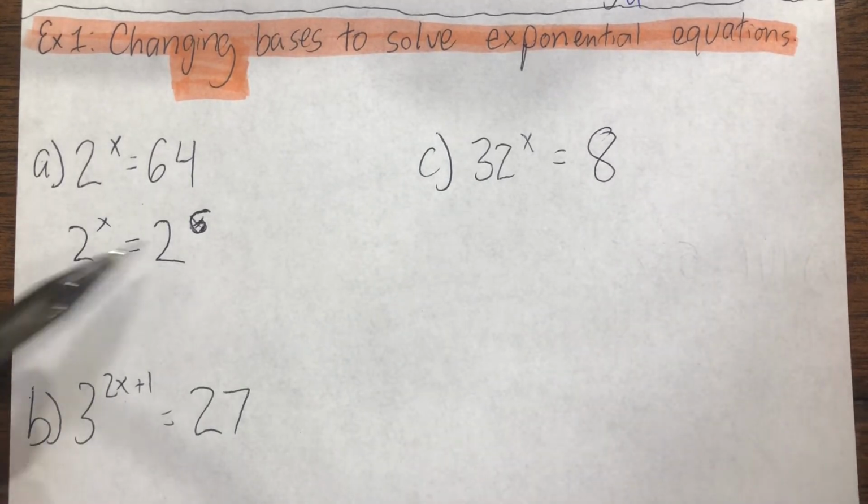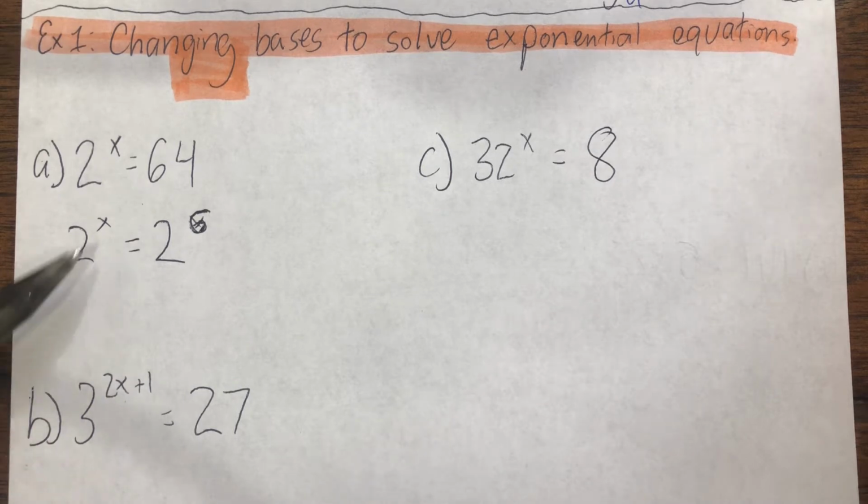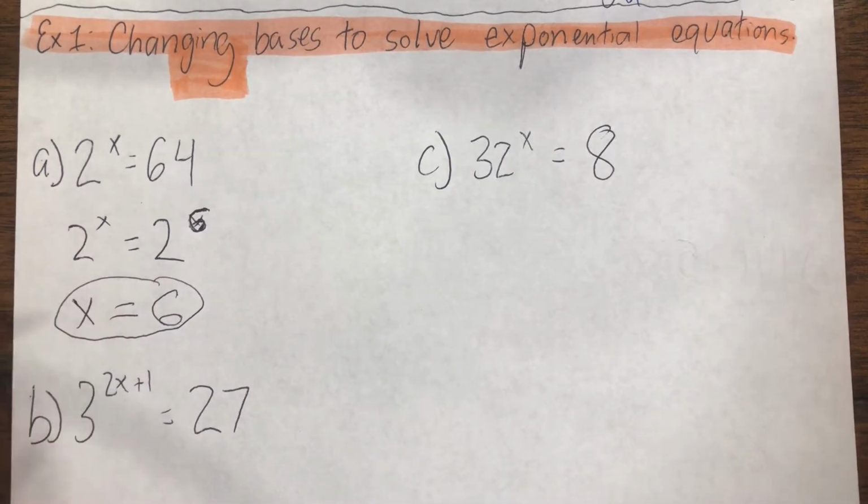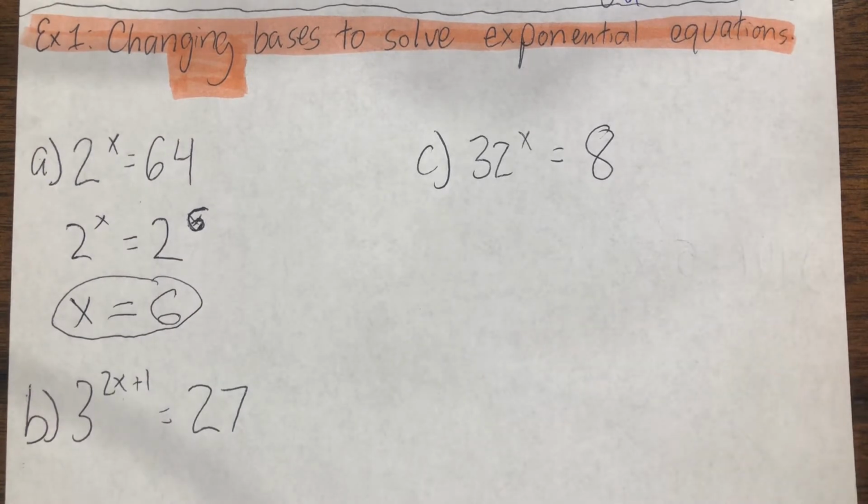So the bases are the same. Now I just need to make my exponents the same. So x has to equal 6. So this will be my final answer. All right, so if I raise 2 to the 6th power, I get 64.